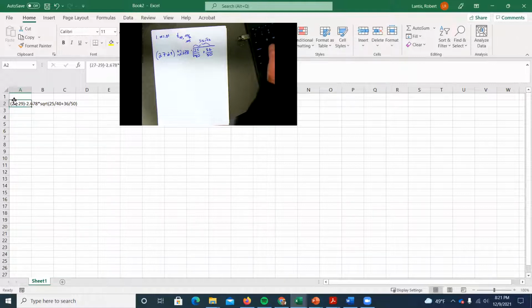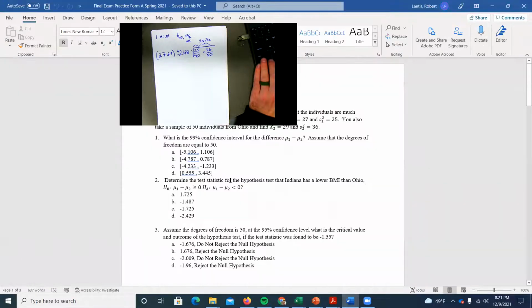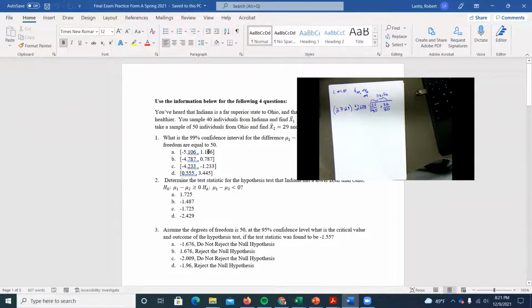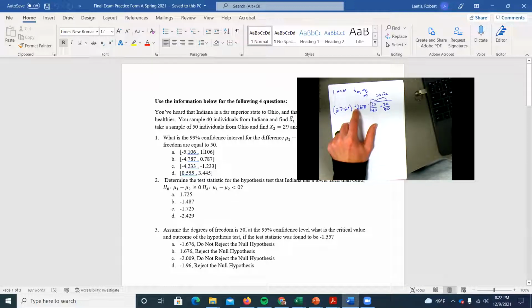And I forgot my equal sign. So we had a lower bound of negative 5.1, sure enough, negative 5.16. If we recreate the upper bound and we add instead of subtract that margin of error, we should get 1.106.